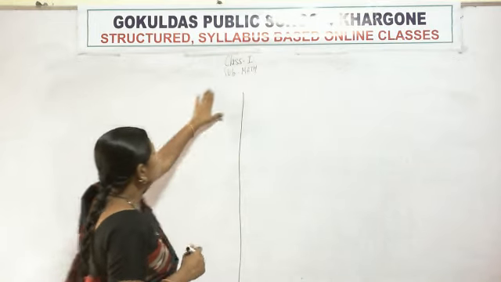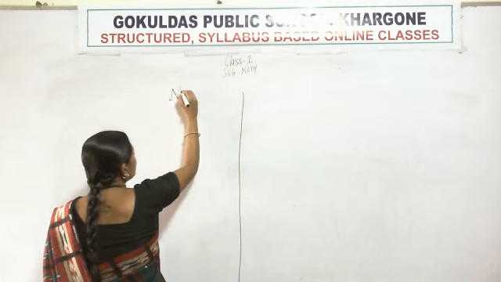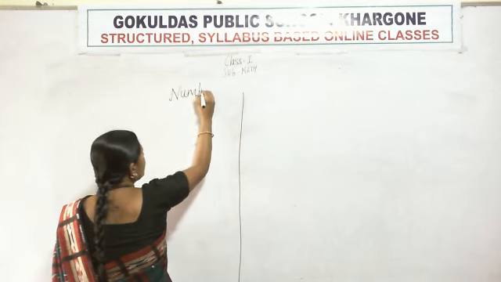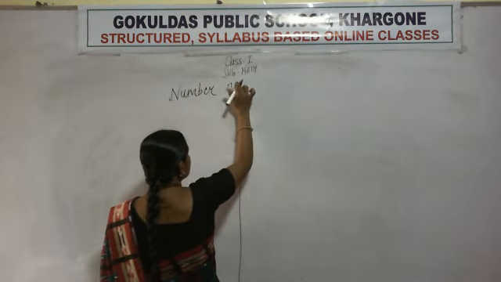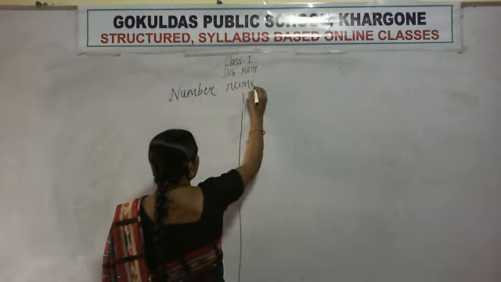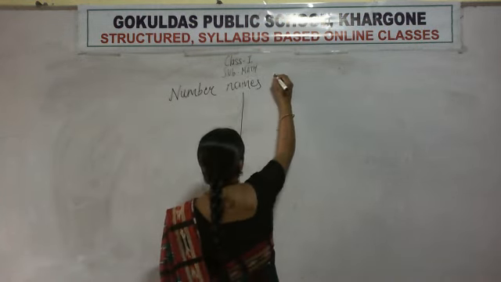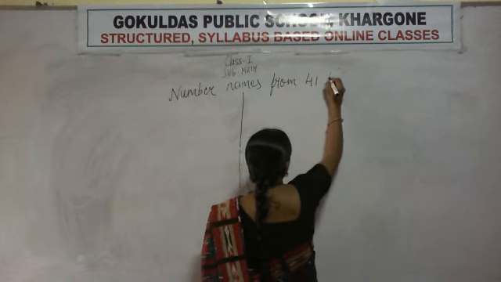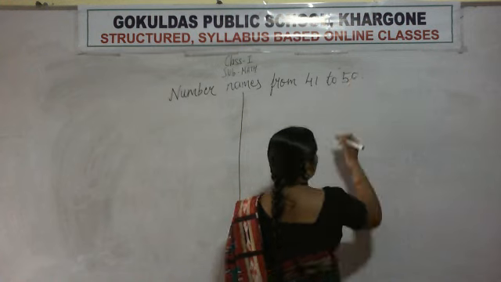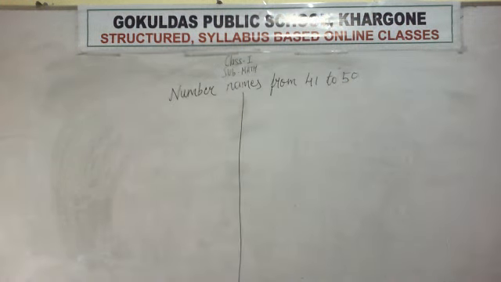So write number names, NUMBER names from 41 to 50. Number names from 41 to 50. Okay. Now again write.